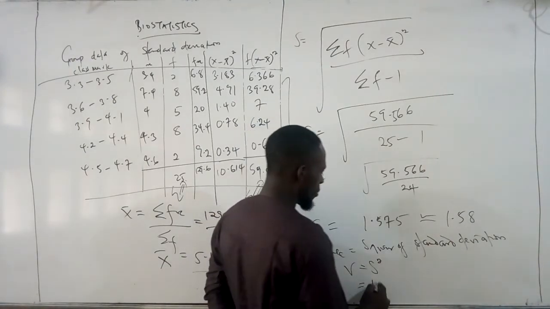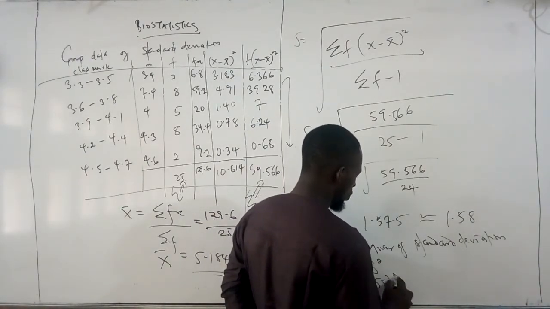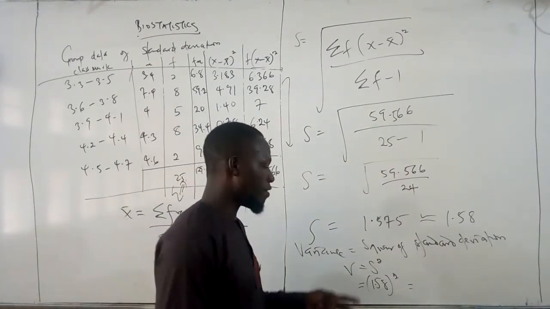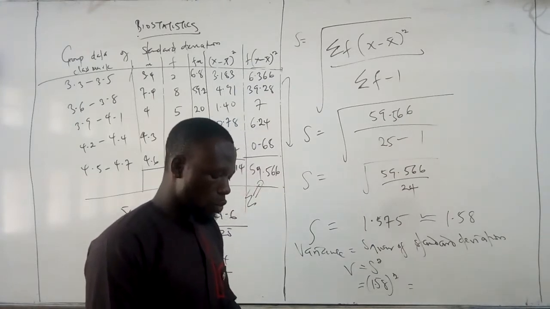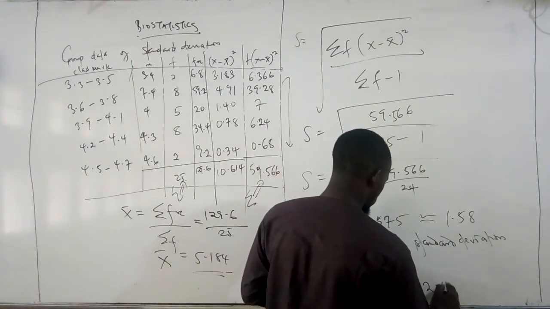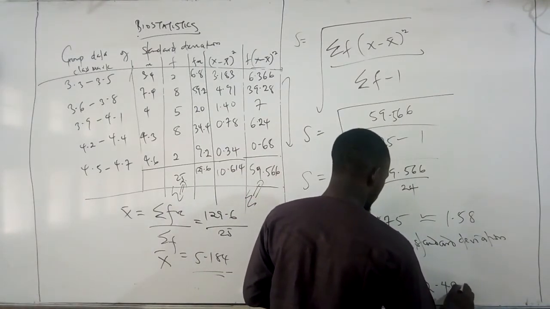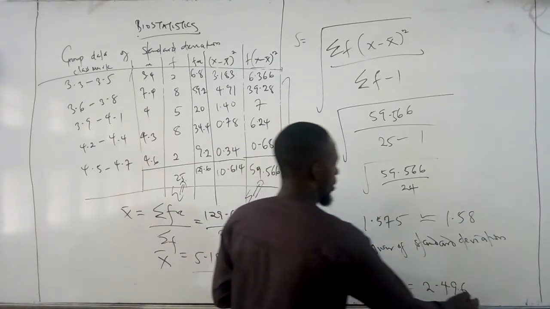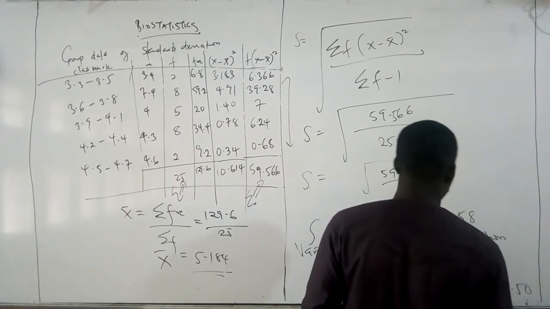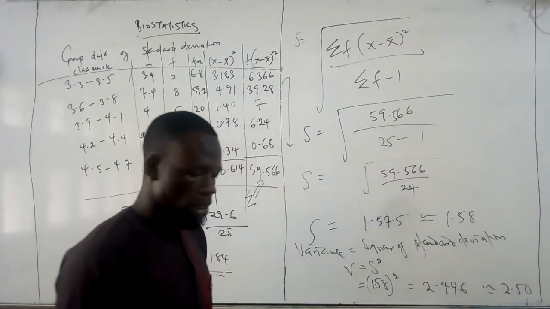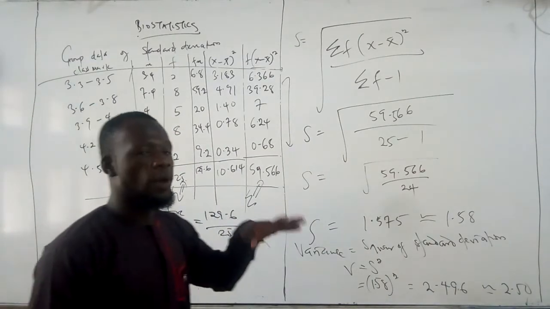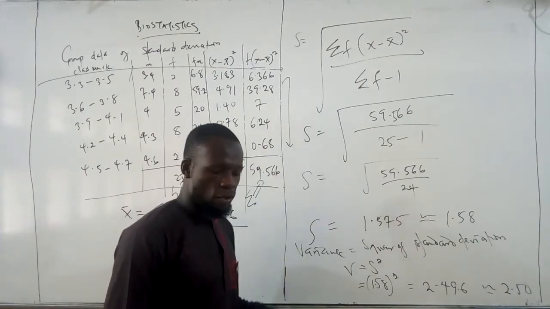So we are going to have 1.58 all squared, which is 2.496. So approximately, or you can leave it, 2.50. So this is how we actually calculate our standard deviation and our variance on a grouped data.